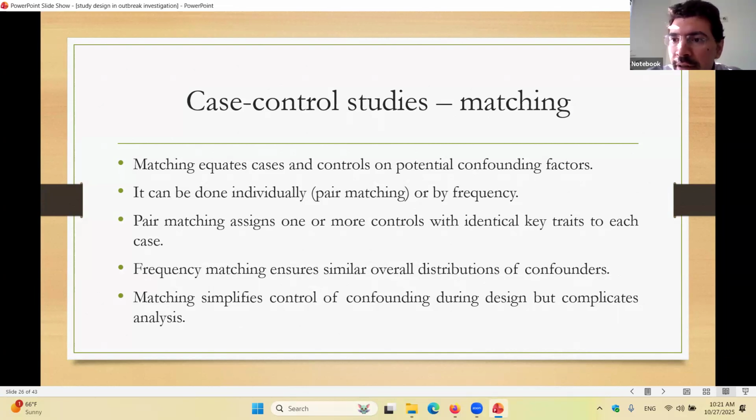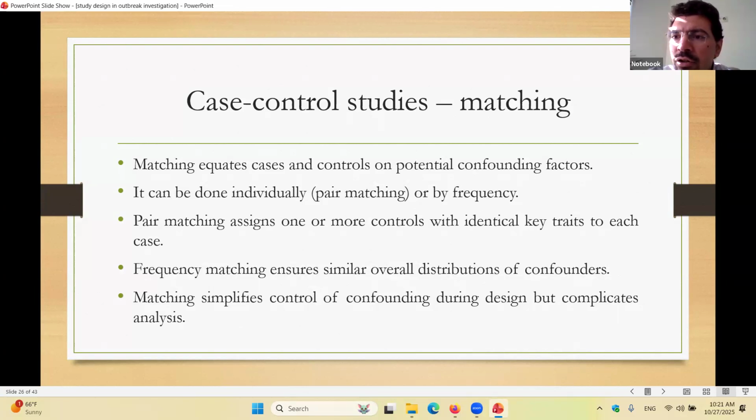You can search multivariable modeling or multiple modeling, and please remember to search these terms. And the third one is instrumental variable analysis, which is a very complex concept and is not suitable for this session.